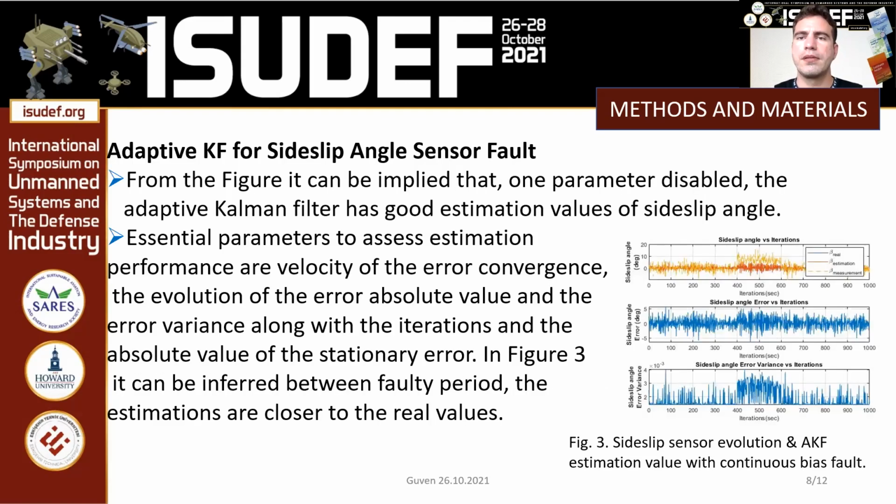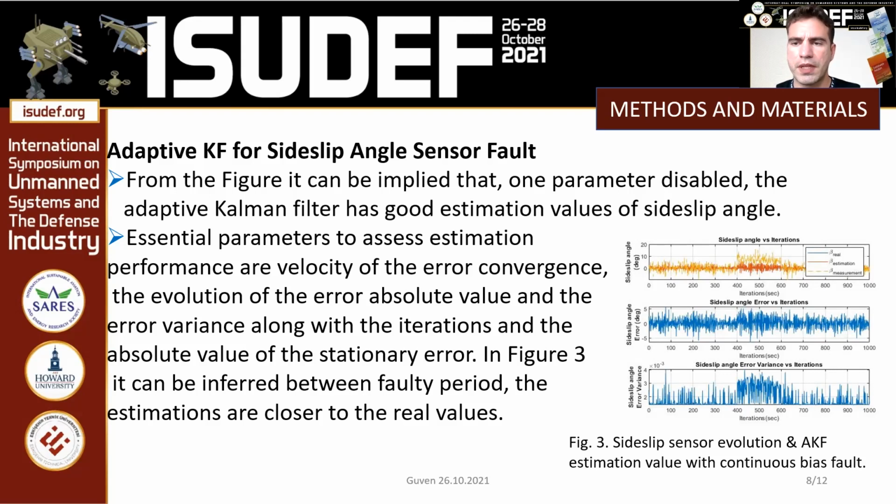Now, our first fault case is side slip angle fault, and you can see the adaptive Kalman filter applied in case of side slip angle fault. The yellow oscillation is the malfunctioned value for side slip angle measurement, and the red one is the result of the adaptive Kalman filter.